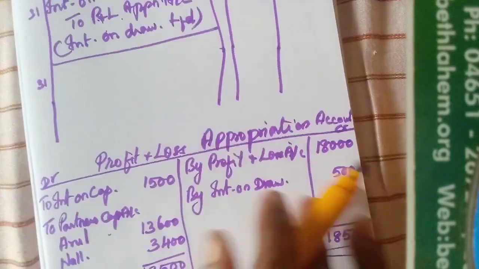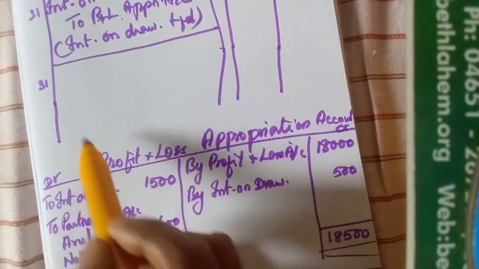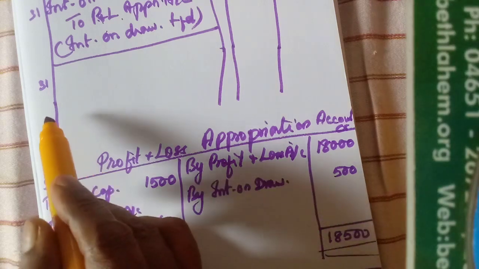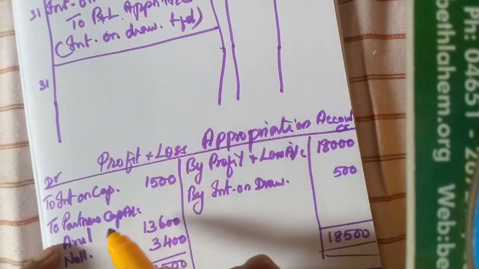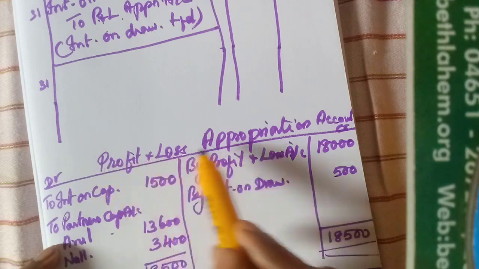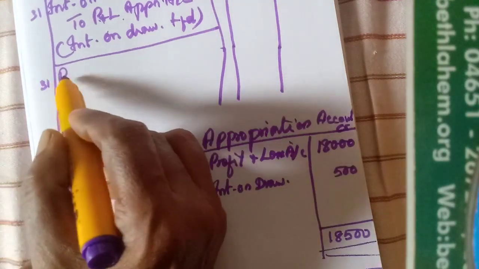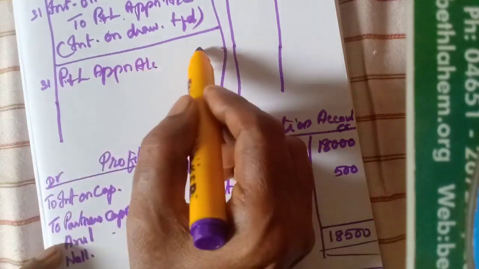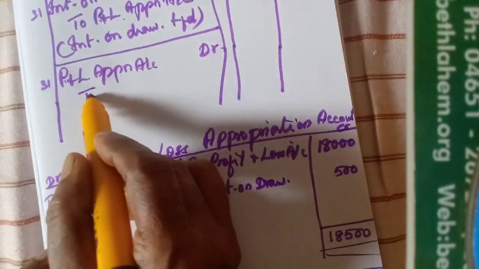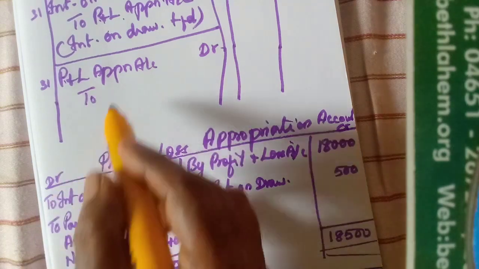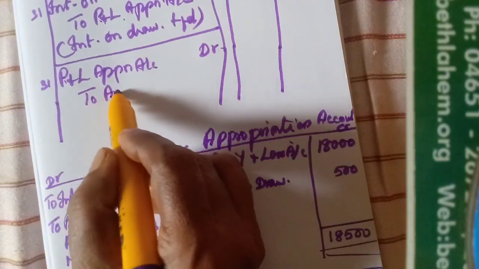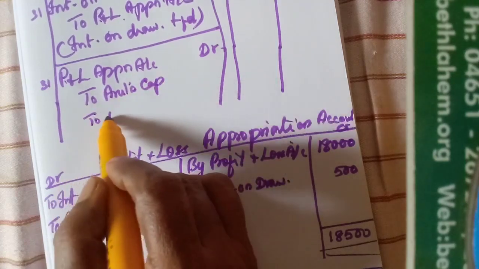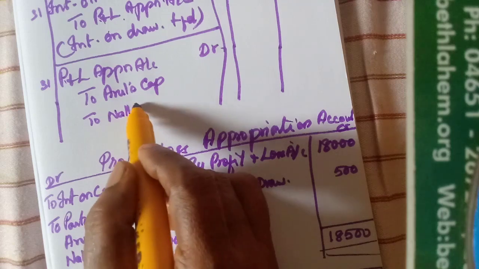Okay, now we have to complete the journal entry, isn't it? Here we have prepared the account and completed it. Now we have to write this in the journal entries form. So what is debited? Profit and loss appropriation account debtor to whose accounts credited? Partners' capital accounts. So who are the partners? Arulappan's capital account to Nallasamy's capital account.